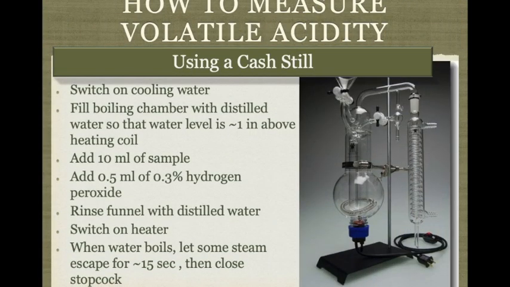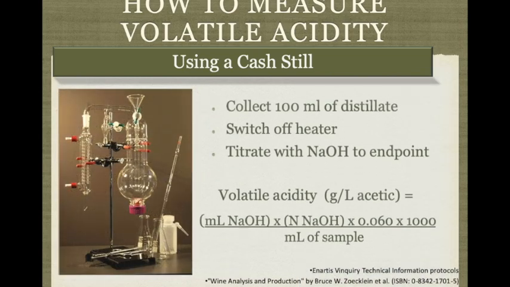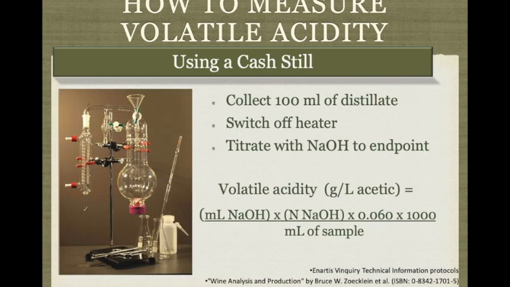Well, I'm not going to go into this too much other than to show you there is a way, if you're very lab-oriented, to measure volatile acidity through a Cash still. I think these apparatuses are very cool looking in a mad science sort of way. But basically, you're going to try to measure the acidity after you've heated it, and the difference between that and the endpoint is going to be the volatile acidity.